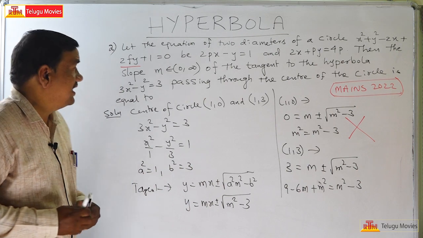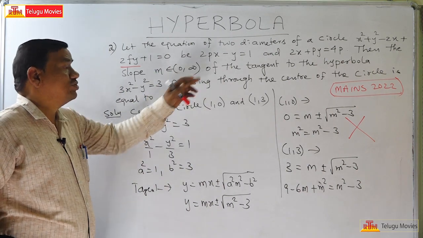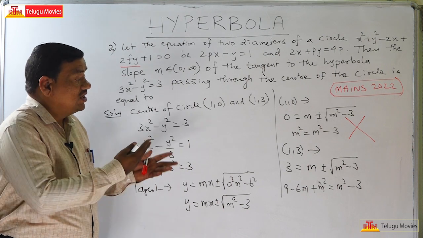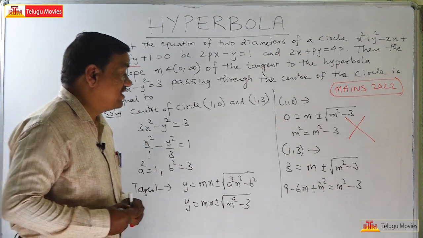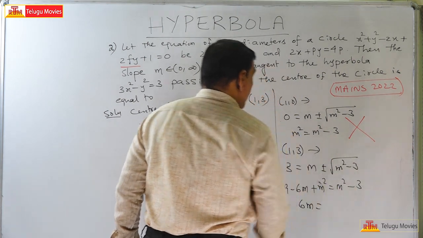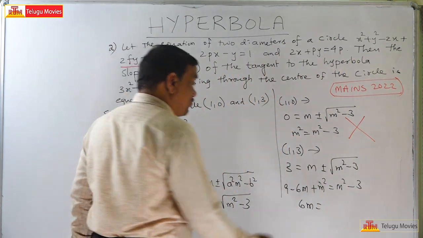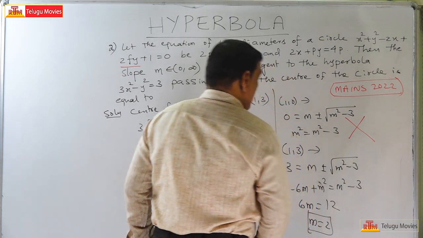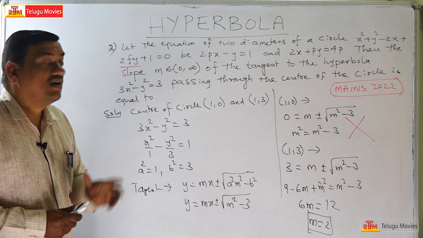Here you can cancel m square, no problem. So, 6m is equal to 12. Therefore, m is equal to 2. M is equal to 2 is the correct answer.